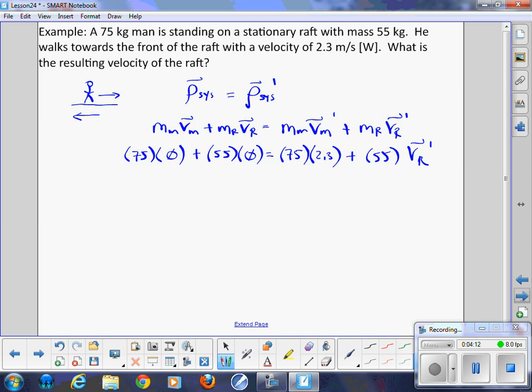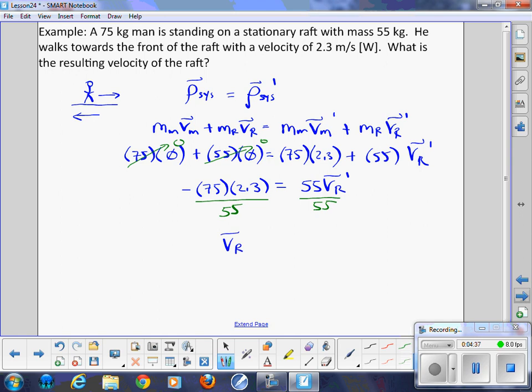The left side of this equation all goes to 0. So I'm going to bring, it doesn't matter which value over, negative 75 times 2.3 equals 55 times the velocity of the raft. Divide both sides by 55, isolating for the final velocity of the raft.